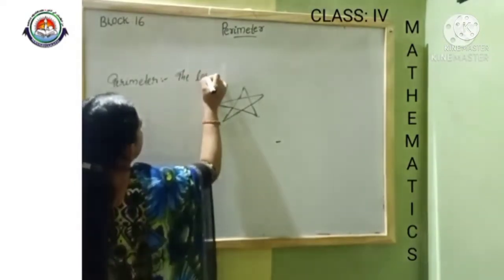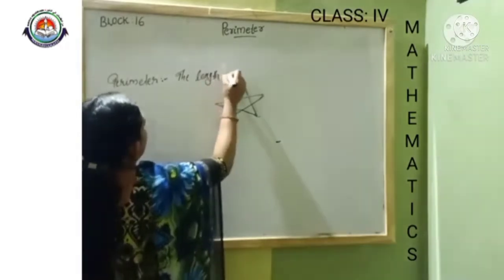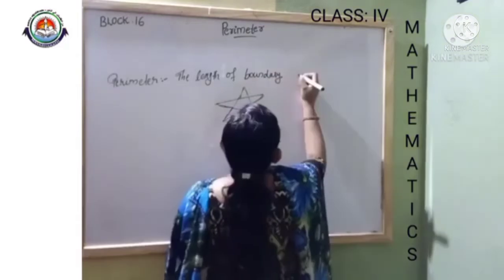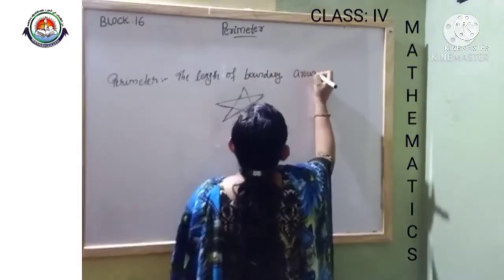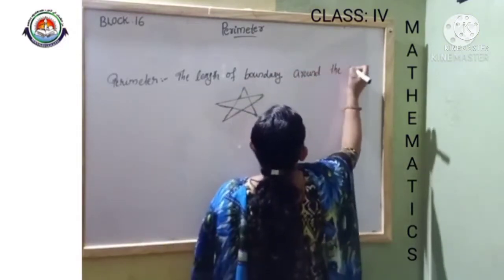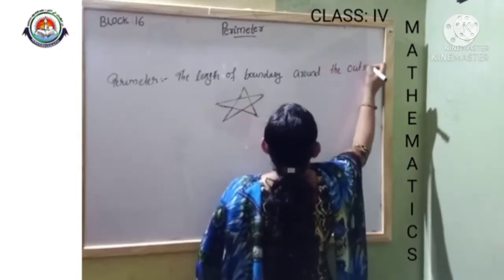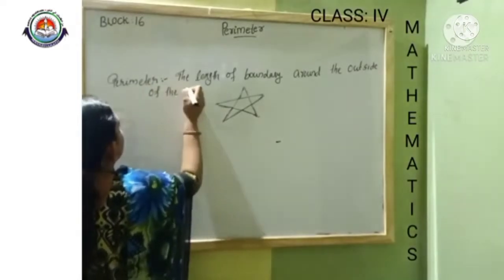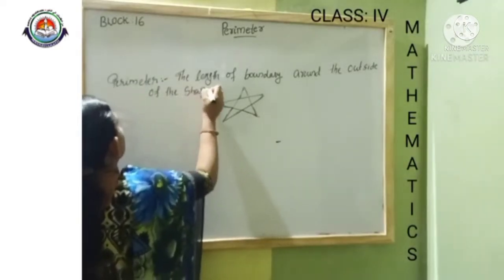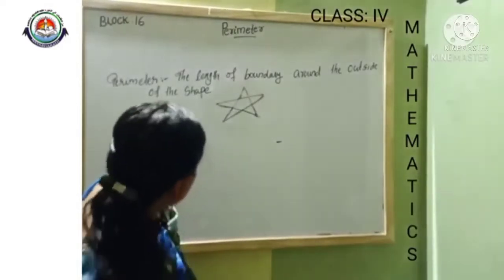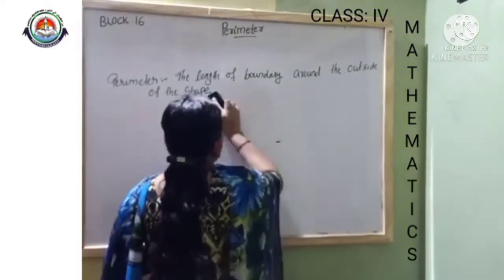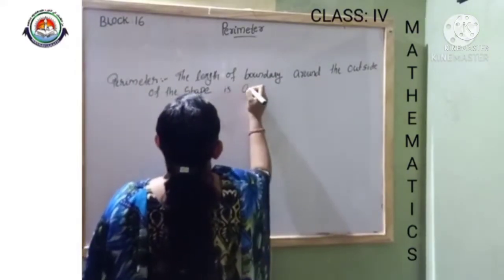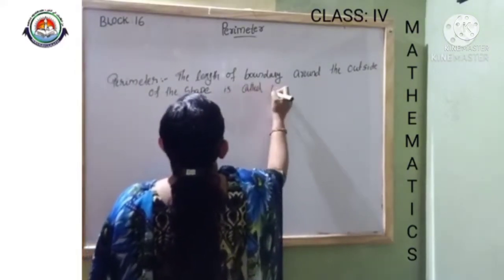The length of boundary around the outside of the shape is called perimeter.